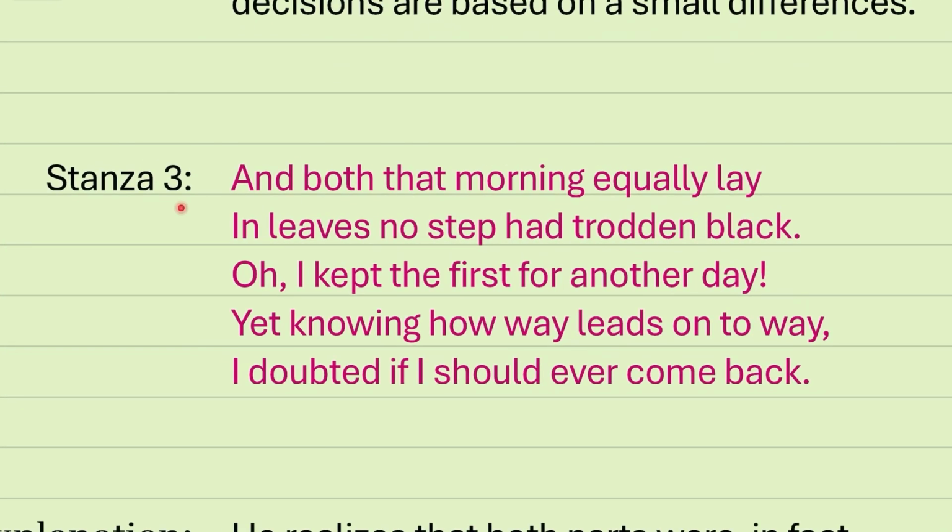Stanza 3 in the poem goes: and both that morning equally lay in leaves no step had trodden black. Oh, I kept the first for another day, yet knowing how way leads on to way, I doubted if I should ever come back.